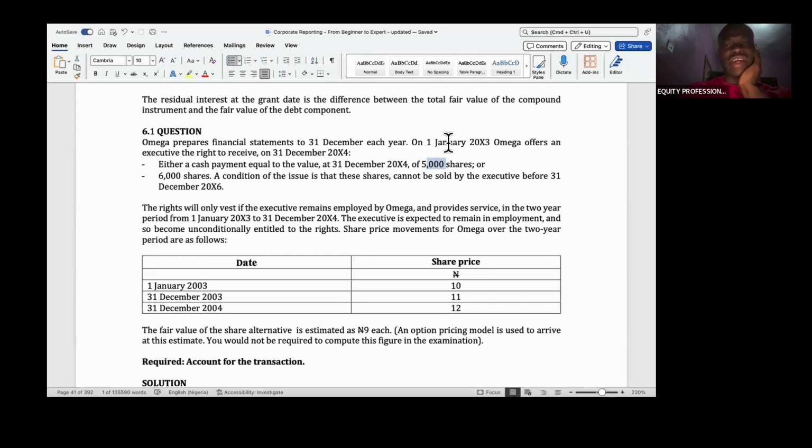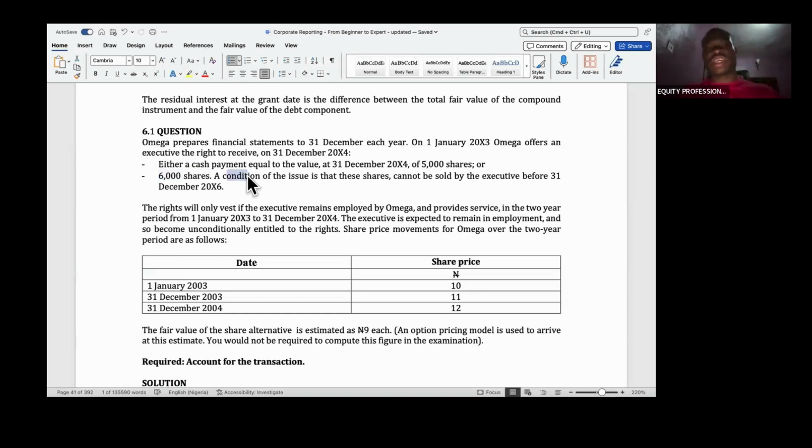So at the grant date, this Omega is offering the staff, its executive, the right to receive either of these two. Okay, either they get cash based on the value of 5,000 shares, which is cash settled, or they get shares, which of course a condition is attached to it.